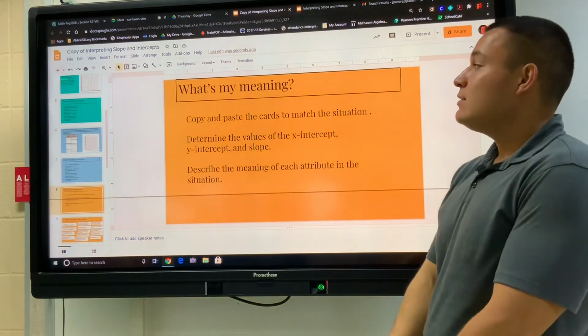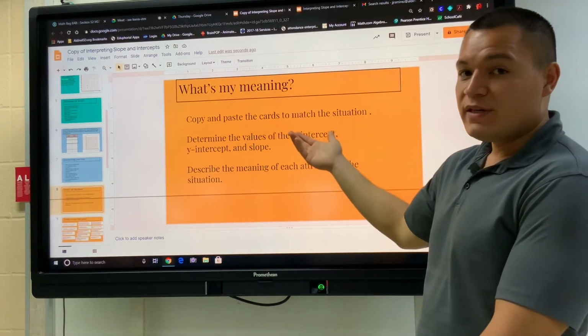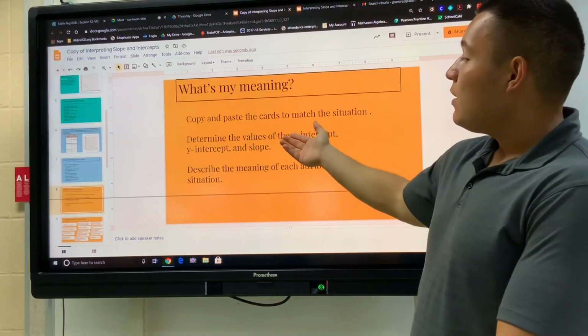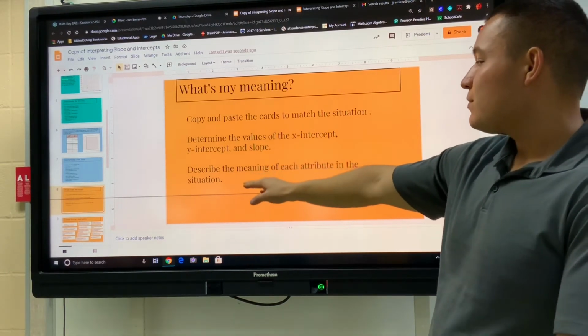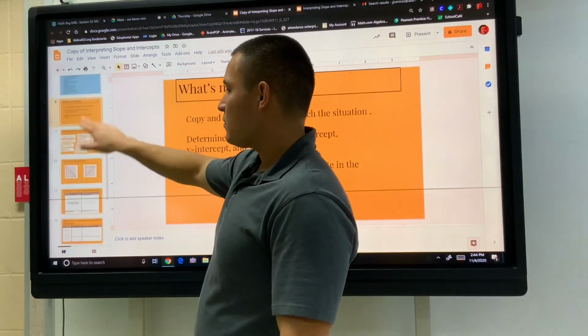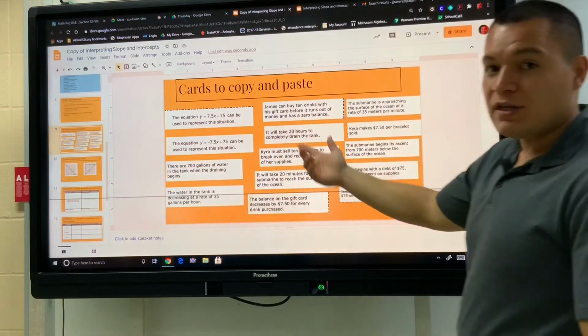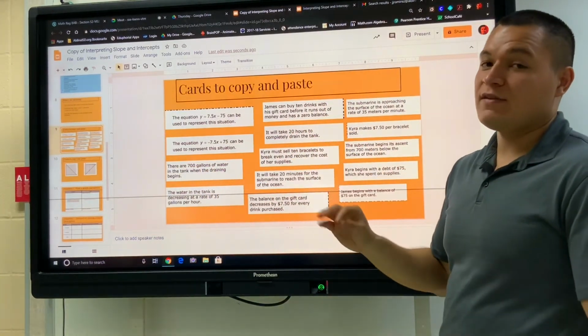Lastly, for today, you're going to copy and paste these cards in order to determine the x-intercepts, y-intercepts, and the slope. And you might have to describe something, but I'm pretty sure there are enough cards to answer almost all of the questions, and then you'll only have to type in a little bit.